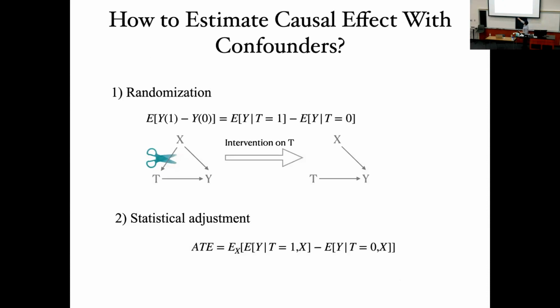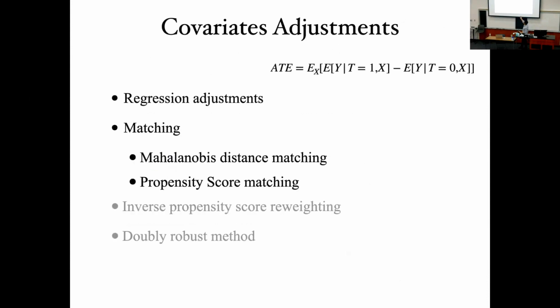So in this case, as I just mentioned, if you can randomize, then they are independent. Everything is so simple. Otherwise, you have to make sure you have the same distribution for X across the two groups. And here you can see what methods we can use. First of all, we can use the so-called regression adjustment, and you'll see how to do so in a minute. Alternatively, you can use matching.